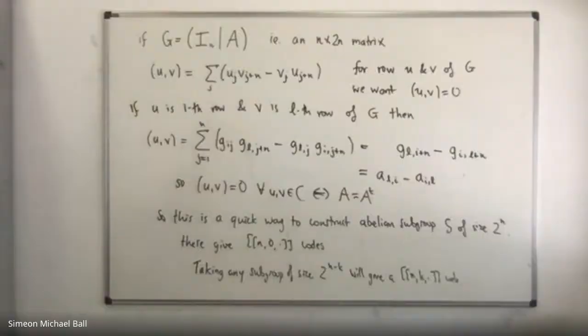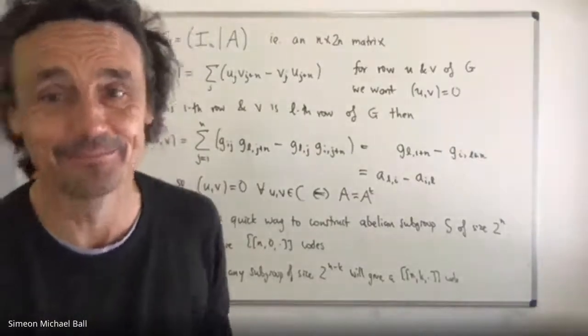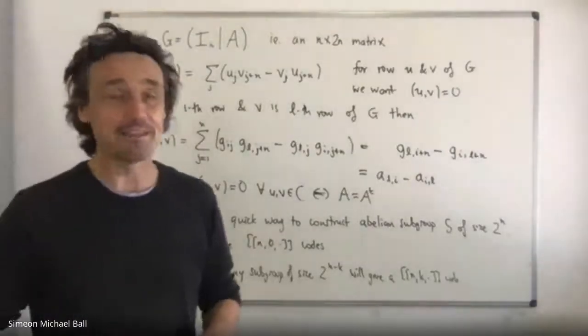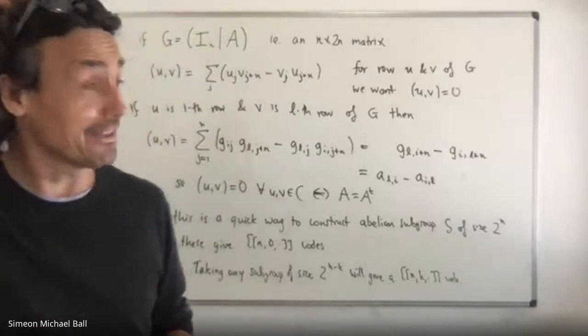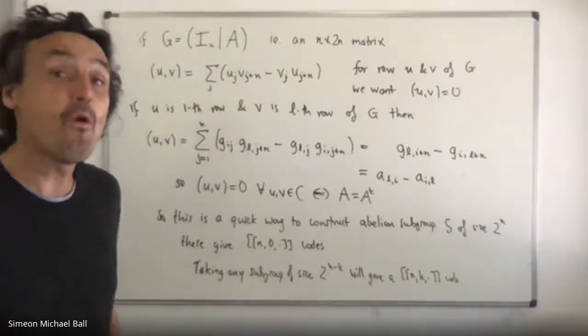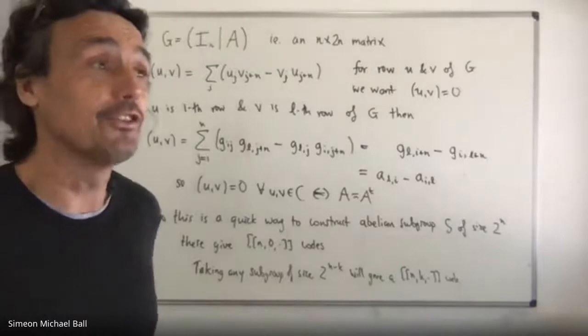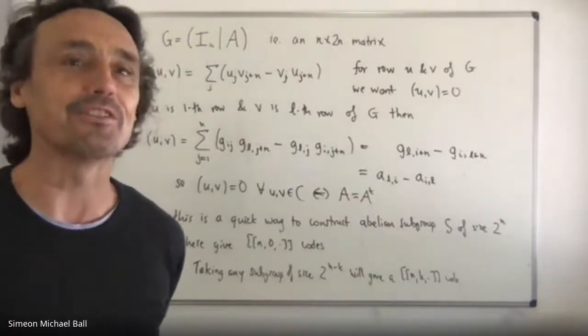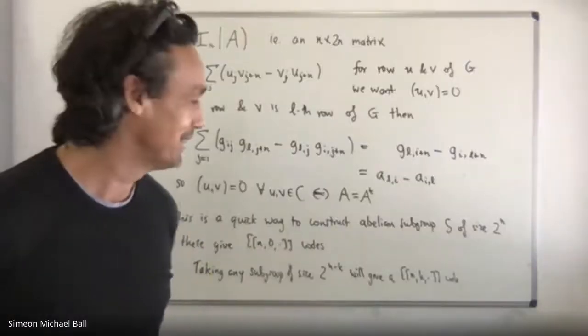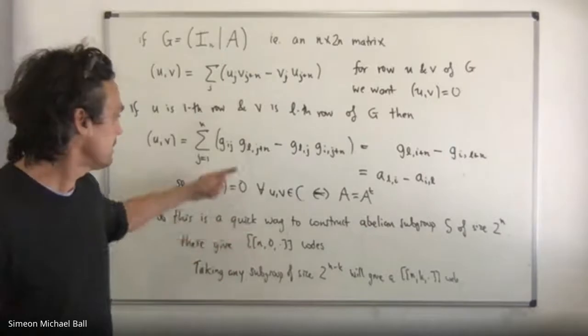You said that all the codes in this way can be brought back to an identity-A matrix form? That's my rash claim, Adrian. It may well turn out to be complete nonsense in the next half an hour, but I think so. For any stabilizer code, I can't believe I'm going on the record and saying this, because I'm going to have egg on my face in about half an hour. But so far so good, right?